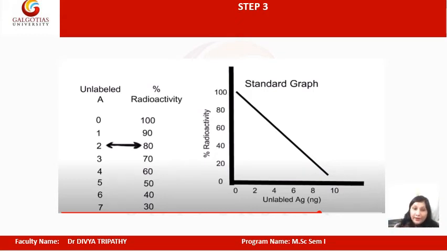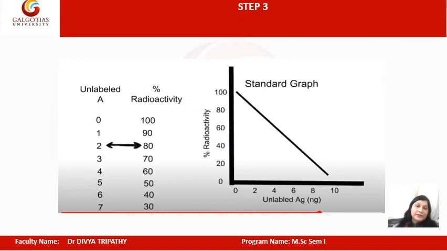Now we have more unlabeled antigen in our solution, so more competition between unlabeled and labeled antigen takes place, and there will be a greater decrease in the radioactivity of the microtiter plate, right? Suppose in this step we have found 80% radioactivity, meaning 20% of the radioactivity has decreased.